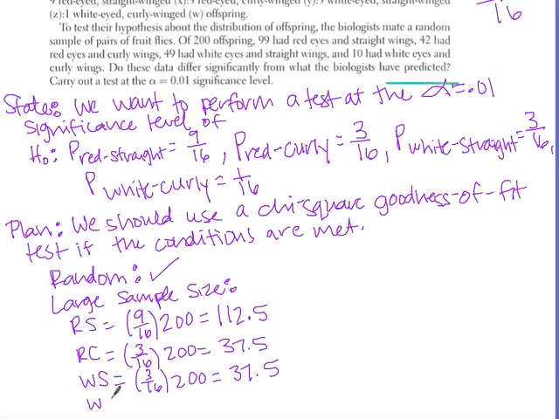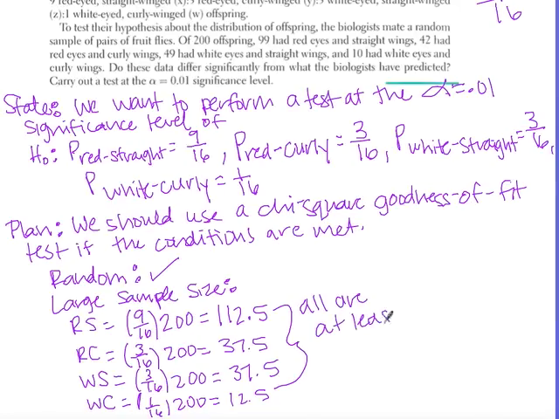And then white-eyed and curly wings would be 1 out of 16. Multiply that by 200, 12.5. So when I look at all of these numbers, all are at least 5, so that works.